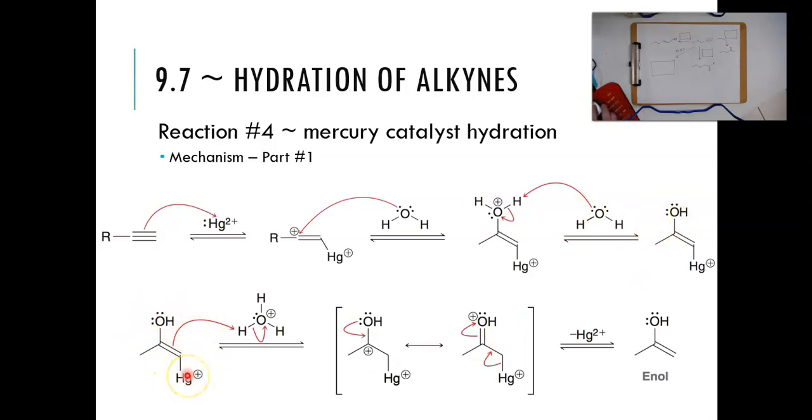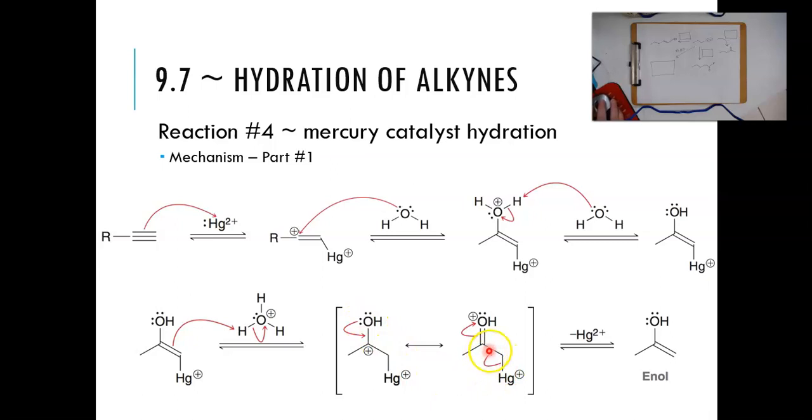So the last couple are just to get rid of that mercury. So again, we're going to do a proton transfer using the extra hydrogen on that water. So over here, our water became hydronium, and over here, we're utilizing that. And then we're doing resonance right here. So we have a lone pair adjacent to a carbocation, so that's one of our resonance patterns. And then we are going to have loss of a leaving group.